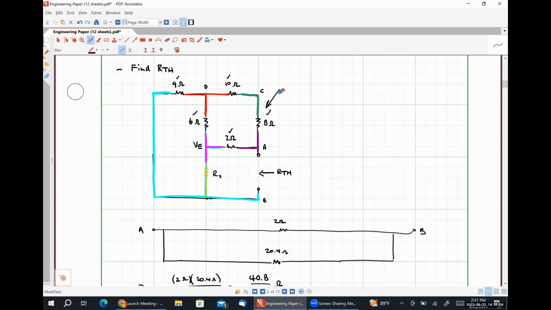So that's why it's important that we really reanalyze the circuit for every step, because that's something that I've seen students make mistakes on. They find the Thevenin equivalent voltage and then do some weird thing to find a Thevenin equivalent resistance and then don't understand why they got the answer incorrect.